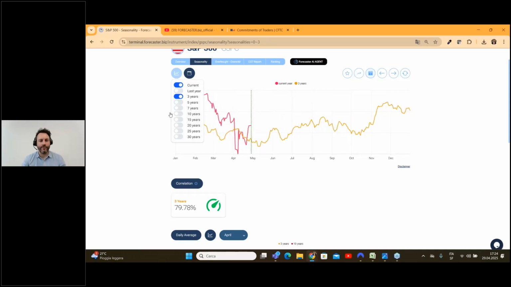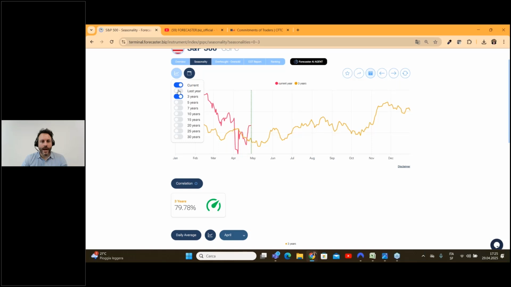We can switch off all the other seasonalities, because we know, thanks to the correlation, that the current year is moving very similar, 79% similar, to what the S&P 500 did on average in the last 3 years, okay?